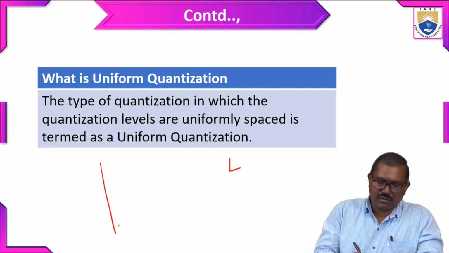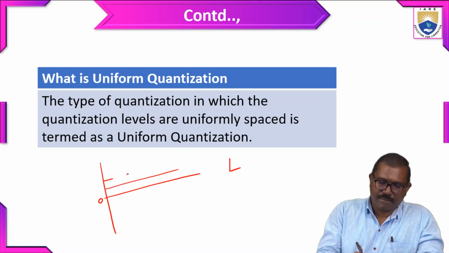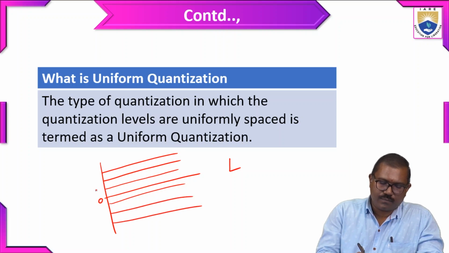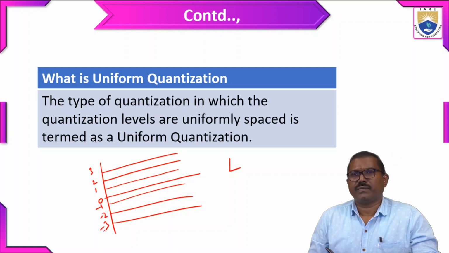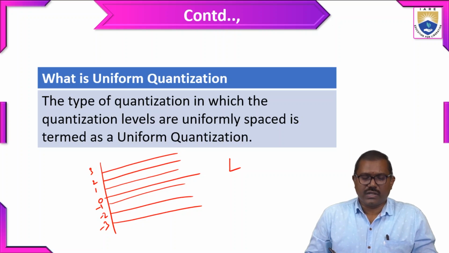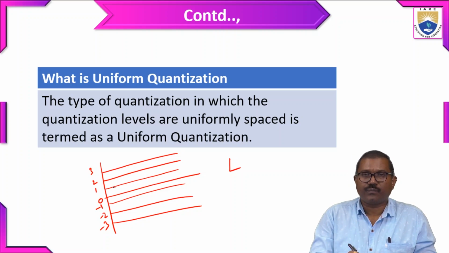That means this is 0, then 1, 2, 3, minus 1, minus 2, minus 3. So these are the levels, and the levels are uniformly spaced.